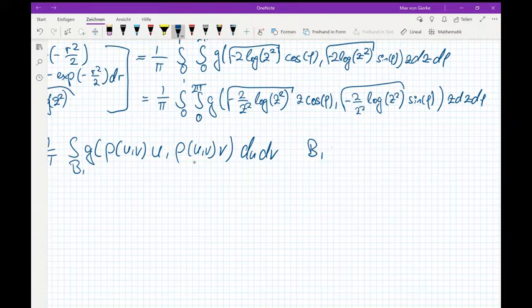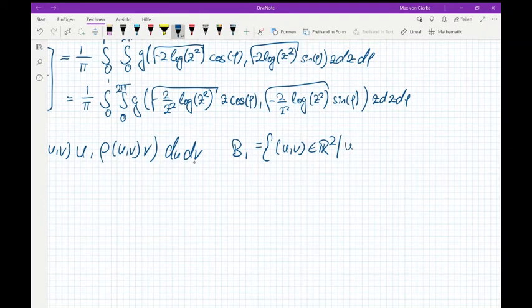So b1 is simply every pair in R2 such that u squared plus v squared is smaller or equal to 1. So just the standard unit ball.